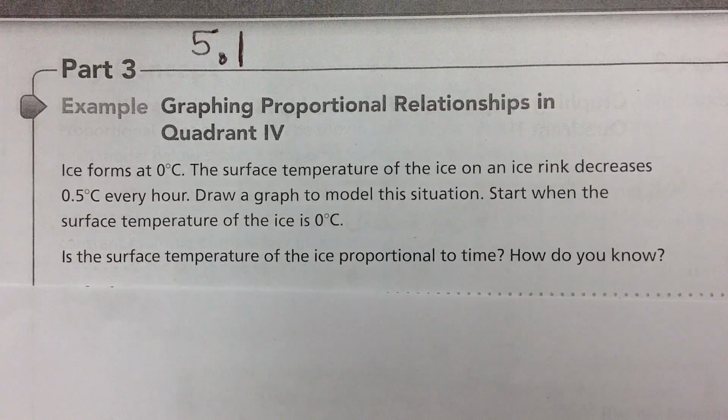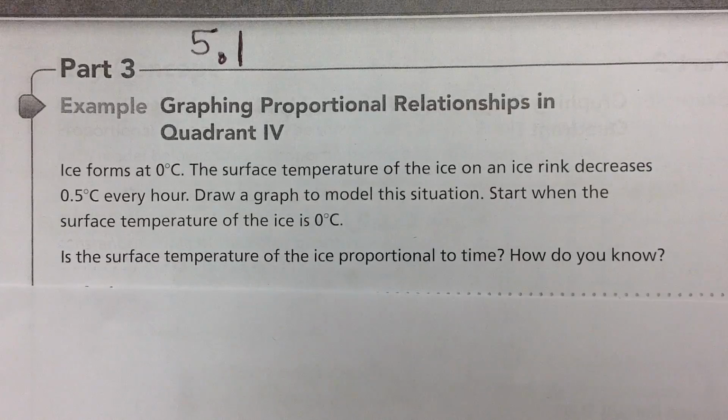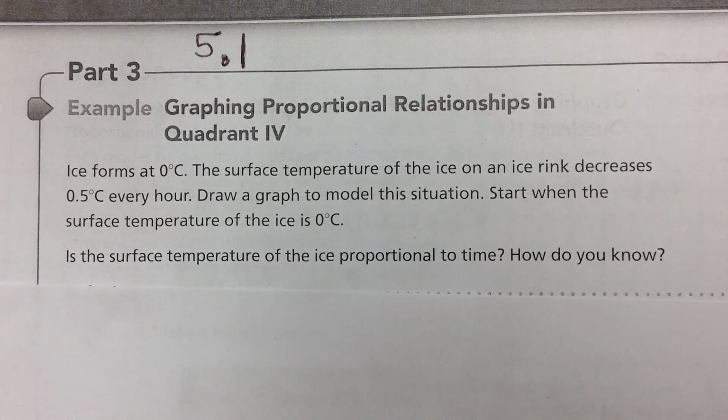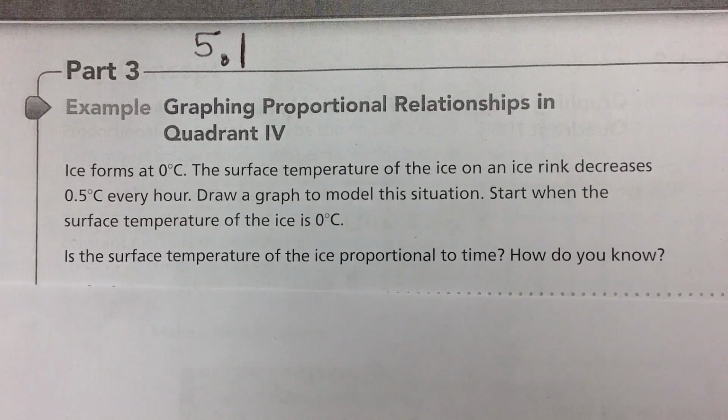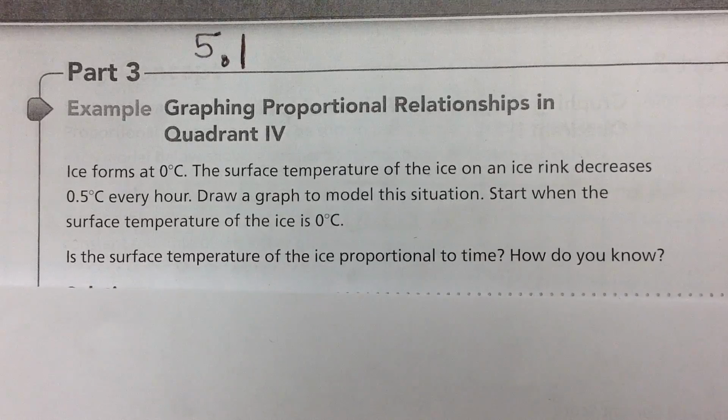The surface temperature of the ice on an ice rink decreases 0.5 degrees Celsius every hour. Draw a graph to model this situation. Start when the surface temperature of the ice is 0 degrees Celsius. And the question is, is the surface temperature of the ice proportional to time?